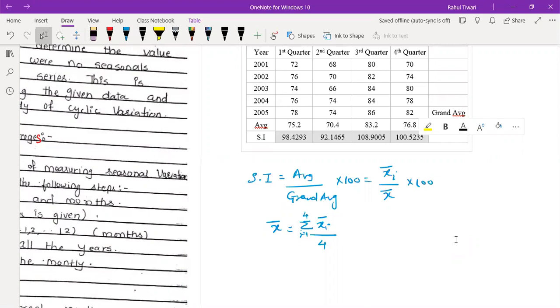Sir, 400.0016. 400.00165, ठीक है, means it is very near to 400. If it is coming, suppose for example, 400.102 like that, तो उसका मतलब क्या हो गया है कि we need to adjust that seasonal indices. तो उसका other concepts है, that I might take in the coming classes.